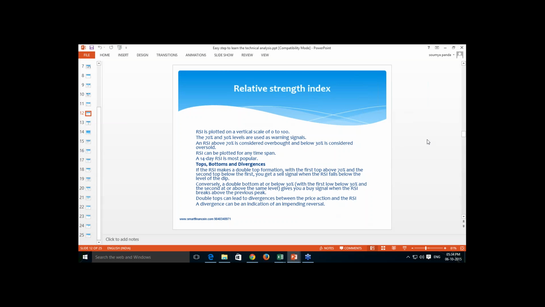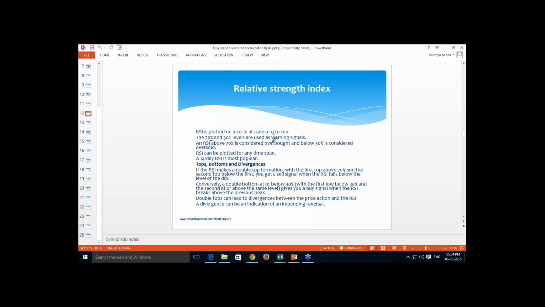So normally what does RSI say? RSI is a scale of 0 to 100. Above 70, it is known as the warning signal or an overbought zone. Below 30, it is considered an oversold zone. Mostly we take 14 period RSI, 9 period also is being taken, and RSI also forms specific patterns.